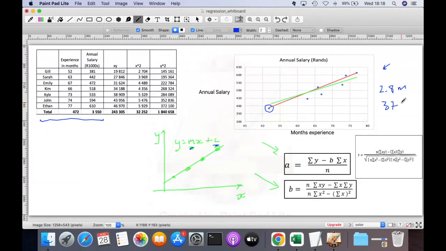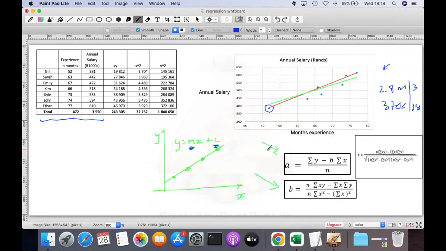But the red line would have a different m value: it could have 3 as m, and for its intercept about 350. So you can see that's what makes these lines different: the gradient, the slope, and the intercept.